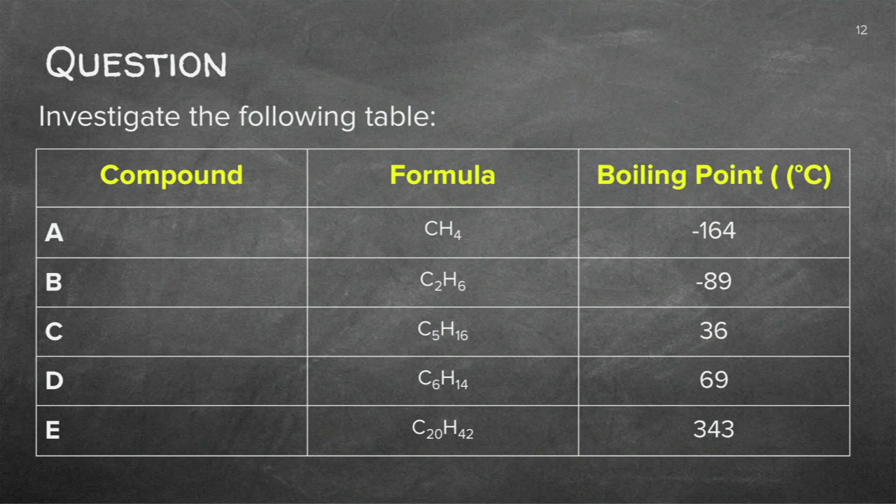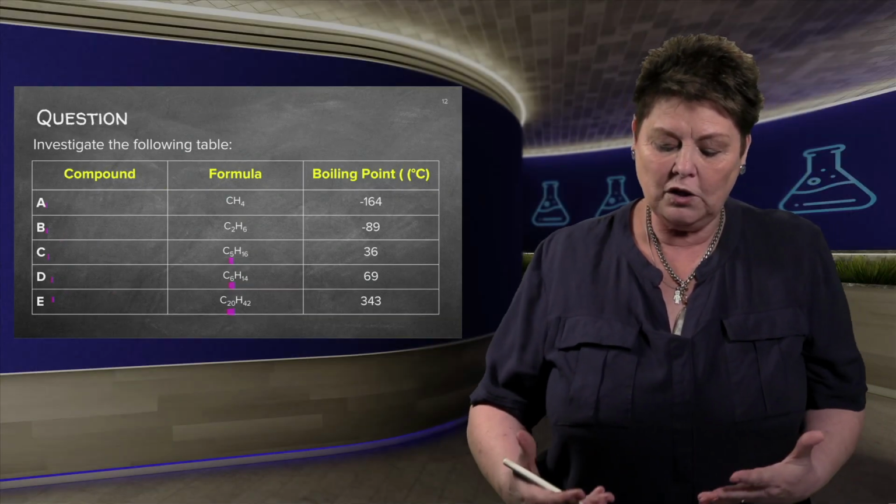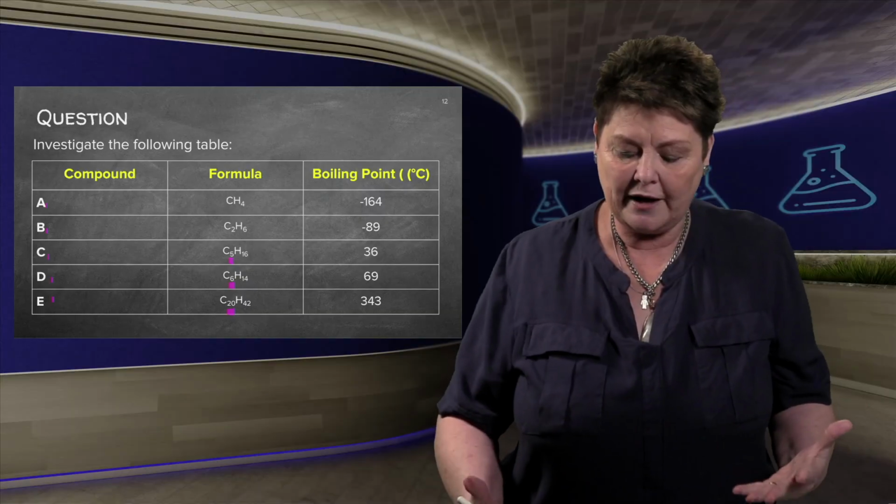What is the compound? They don't tell us, they just say it's A, B, C, D, and E, but they give us the formula: CH4, C2, C5, C6, and C20. When I see a question like this, I try to anticipate what they will ask of me.